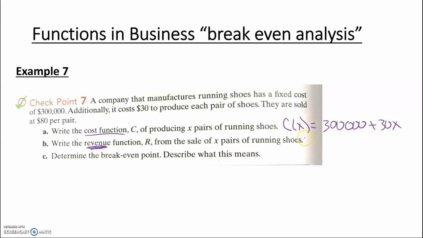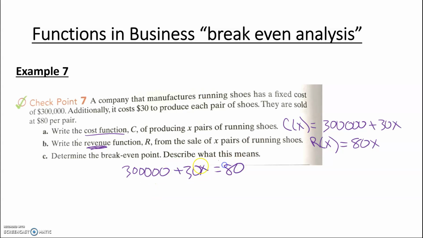Revenue is what you're making. So my revenue is $80 for every shoe. And we want to find out when the cost and the revenue are going to be the same, right? When are we going to break even? So we're going to go ahead and set those equal. So we got 300,000 plus 30x.